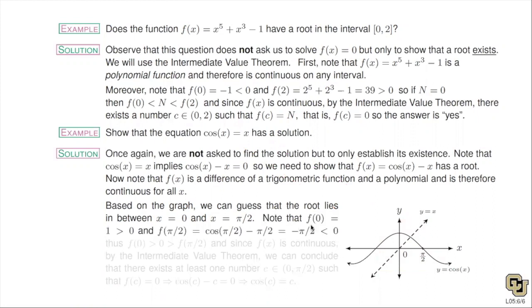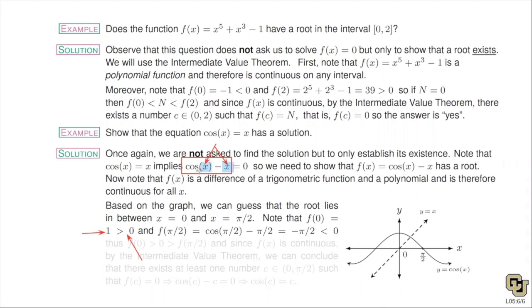So here, f of 0: in this function, I'm plugging in a 0 for x. So cosine of 0 is 1, minus 0. So f of 0 is just 1, which is greater than 0. And f of pi over 2, again, I'm replacing this x right here with pi over 2.